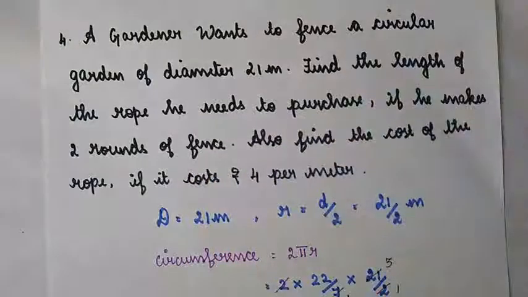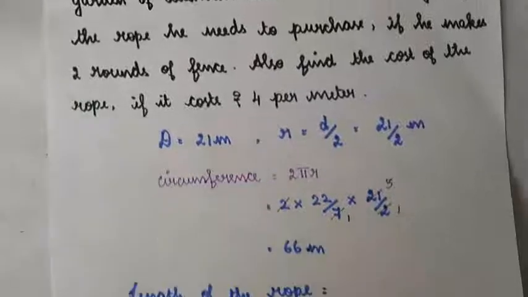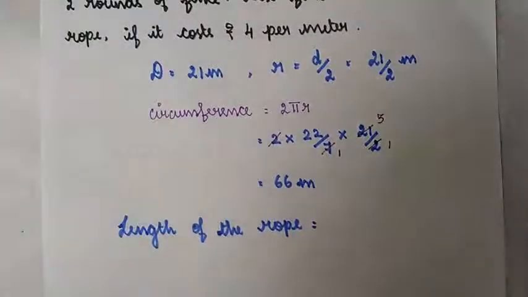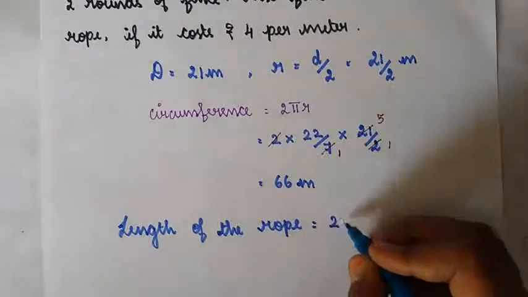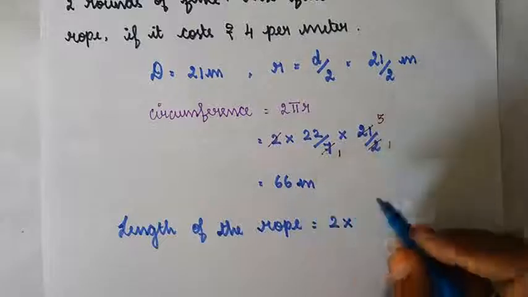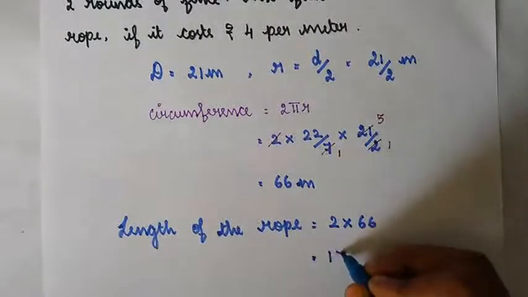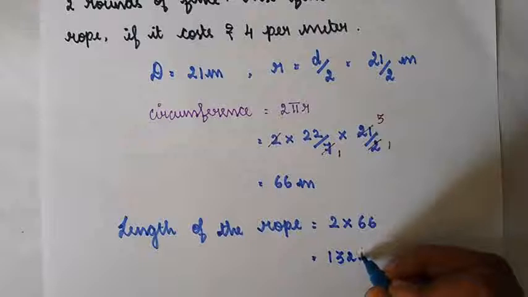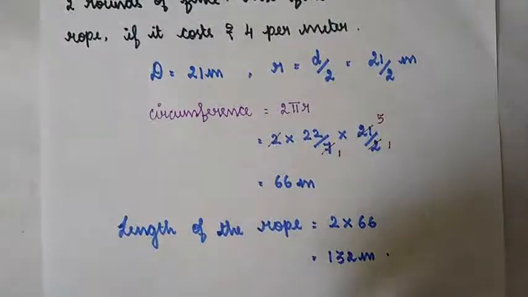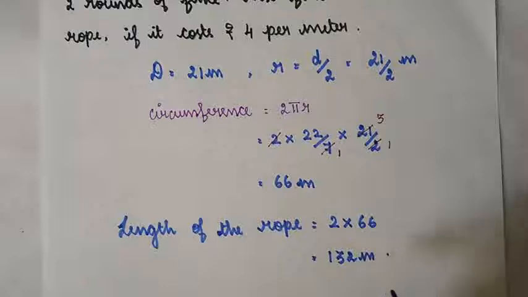So we need circumference of garden into 2. It is nothing but 2 into 66. We get 132 meter. So the length of the rope required for fencing is 132 meter.